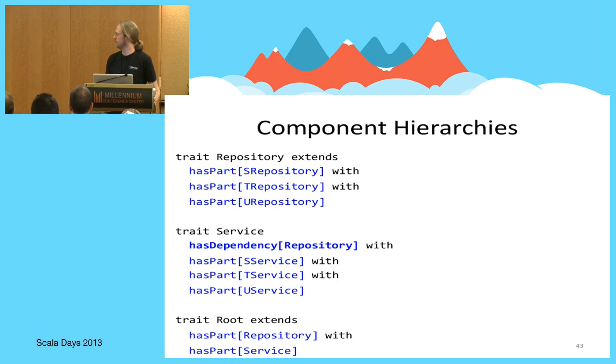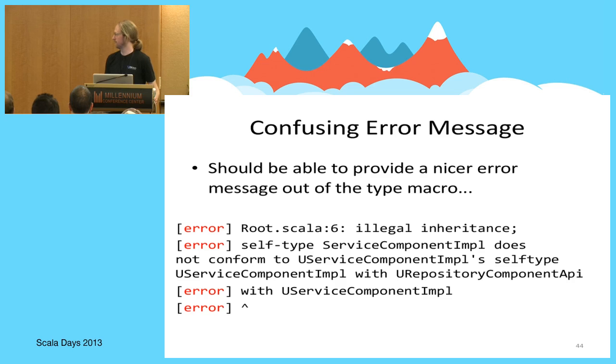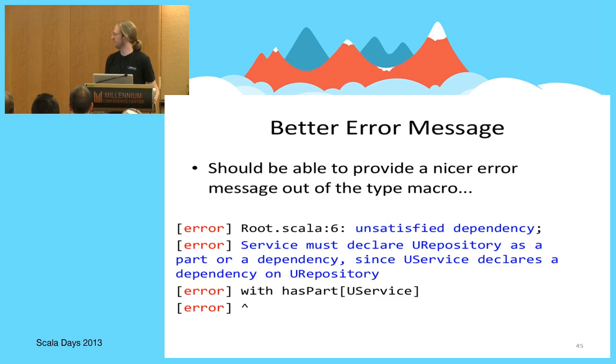And that's a key difference. This error message, I'd love to be able to replace it with something like, instead of saying illegal inheritance, it's an unsatisfied dependency. The service has to declare your repository as a part or a dependency in order to satisfy uService's demands.